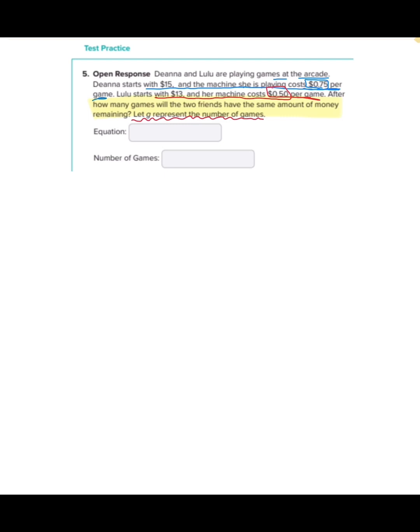So the amount remaining after how many games will the two friends have the same amount of money remaining, يعني الباقي. Okay, let's write 15 for this one minus 0.75G equals 13 minus 0.50G.